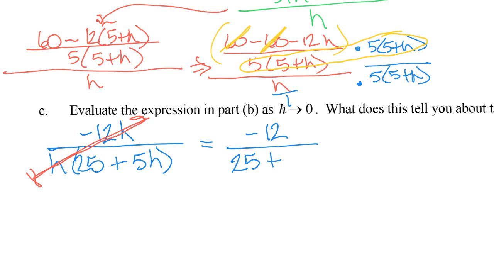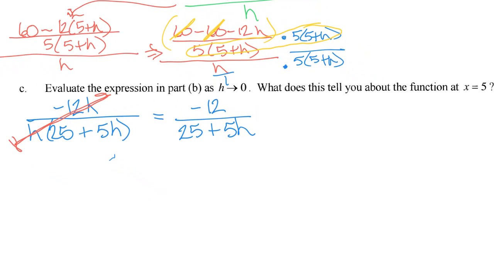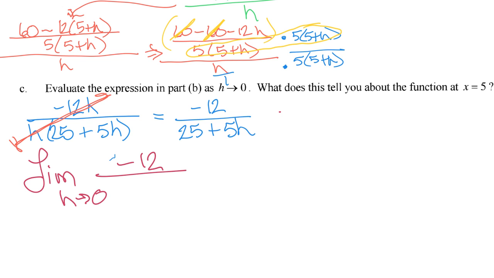25 plus 5h. So then part C asks us to evaluate this expression as h approaches 0. In other words, they're asking us to find IROC. Okay, and so going to IROC, we're going to do the limit as h approaches 0 of -12 over 25 plus 5 times 0.